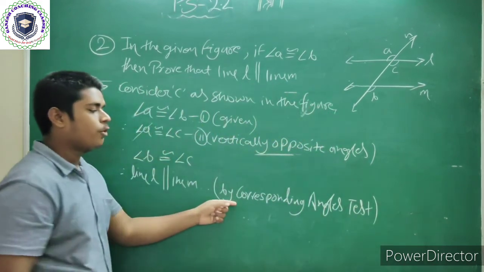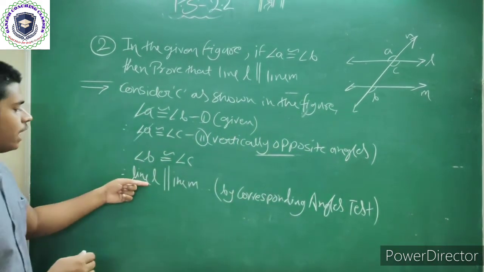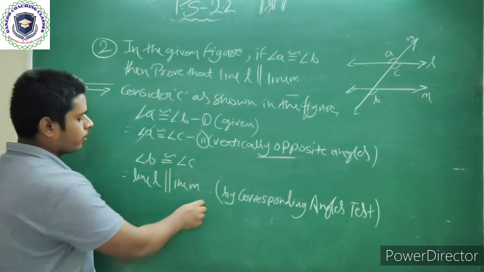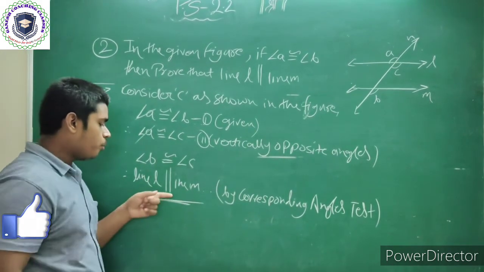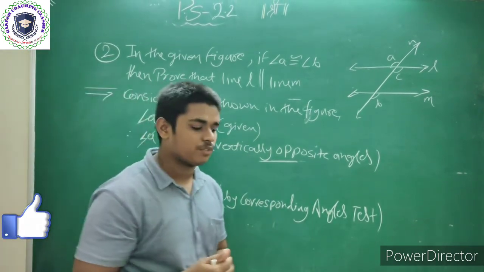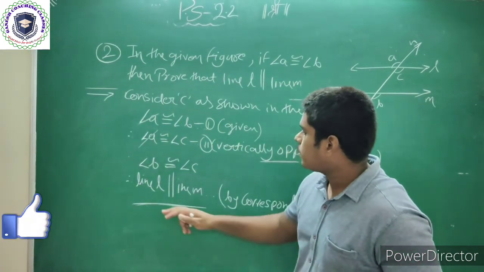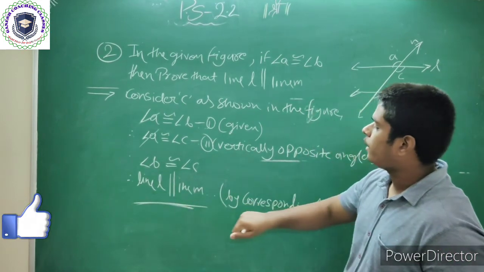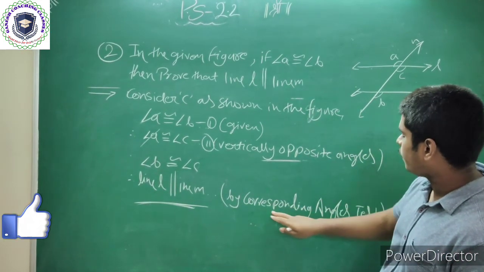Okay, by corresponding angles test we conclude here that line L is parallel to line M, which we have to prove in the questions. Okay, so here we proved that line L is parallel to line M, which by the property of corresponding angle test.